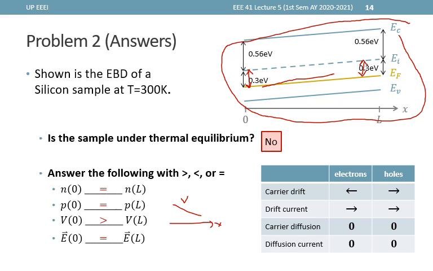We determine this by getting the plot for the electric field, where we note that the slope of EC is simply a constant. And we have already completed this table. So that's it for the problem solving for this lecture. Thank you very much.